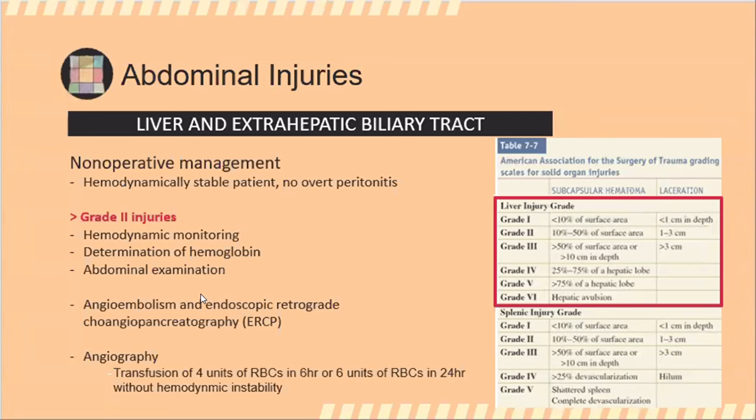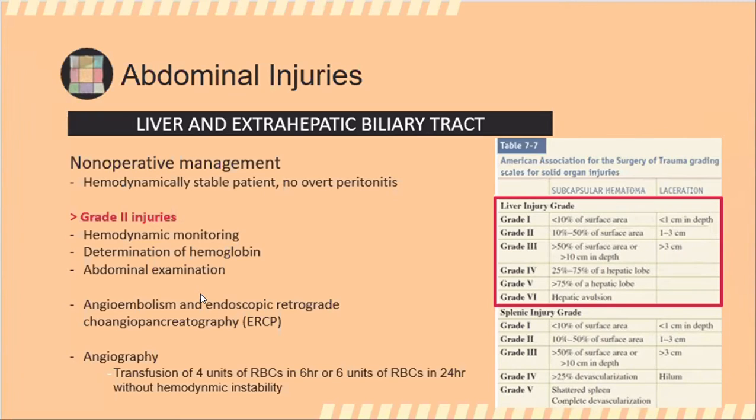But for grade 2 or yung iba, grade 3 and above, we do hemodynamic monitoring. So we monitor your serum hemoglobin, usually q6, serial abdominal examination if the patient may present later on with signs of peritonitis.